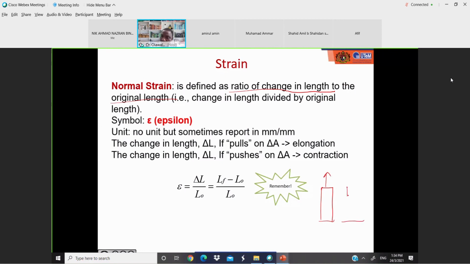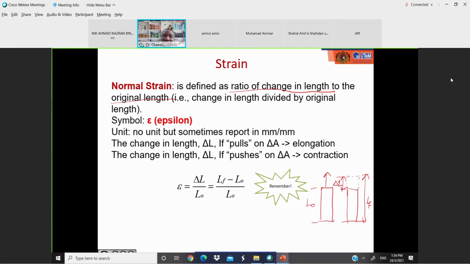This is the initial. Because I'm pulling here, it goes up here. Now, from here to here is my original length. From here to here is my final length, LF. From here to here is my change in length, delta L.